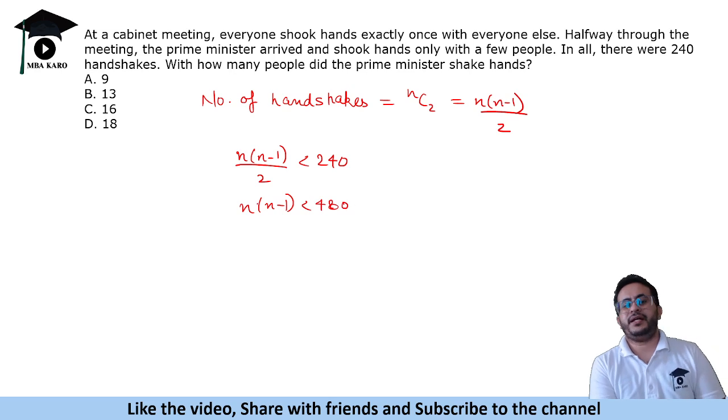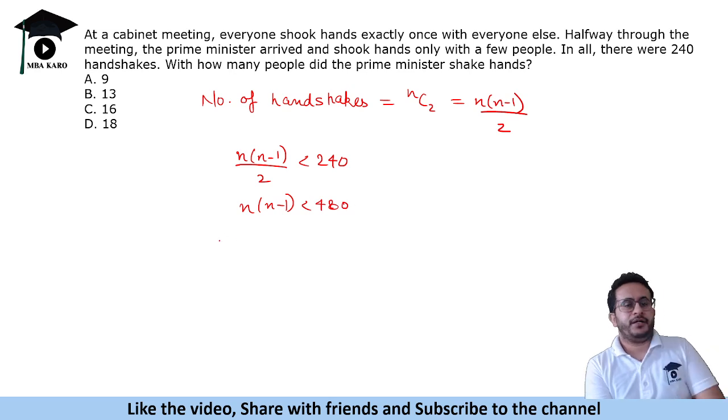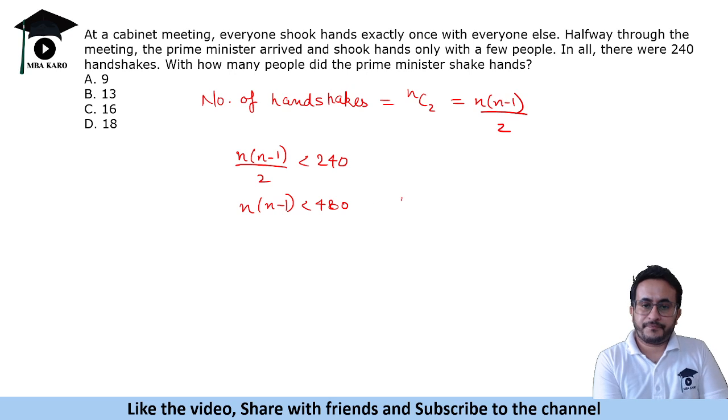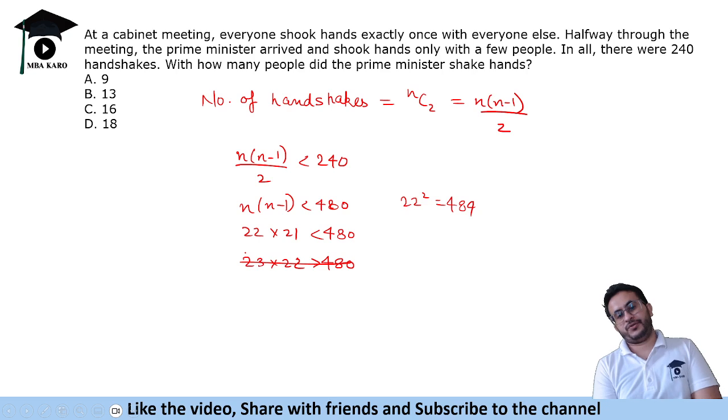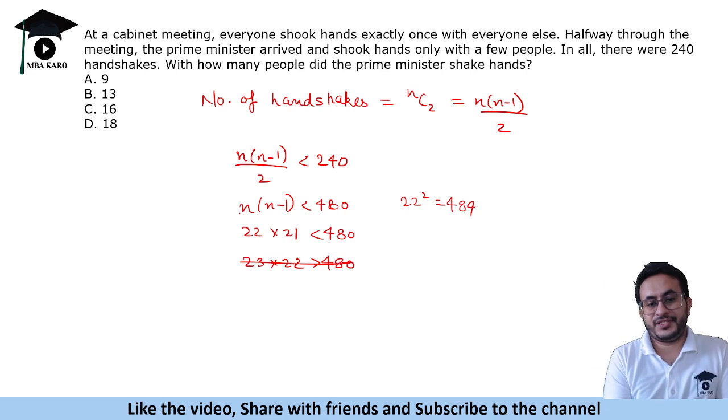Now by hit and trial, 22 squared is 484. So if you put 22 and 21, this is less than 480. If we take 23 and 22, this will be greater than 480, so we are not going to accept this number. That means n is 22.